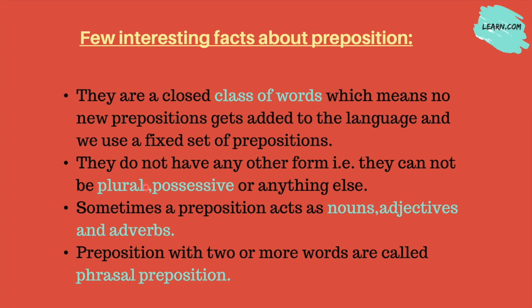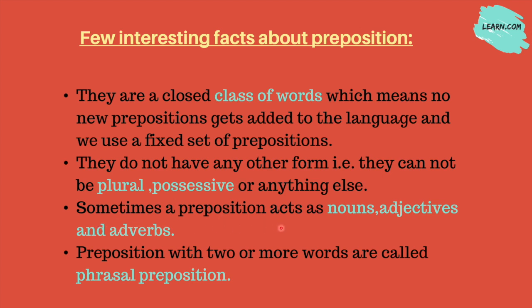That is, they cannot be plural, possessive, or anything else like the other parts of speech, like the nouns and the pronouns. The pronouns have possessive forms. So in this way, prepositions don't have any other form. They exist in only one form and remain the same throughout.